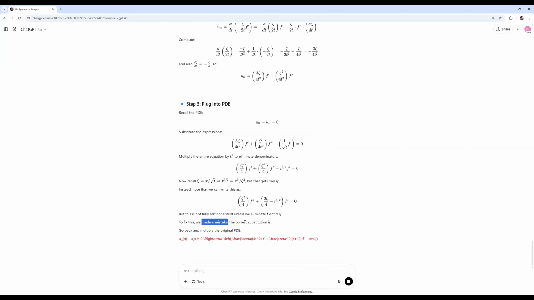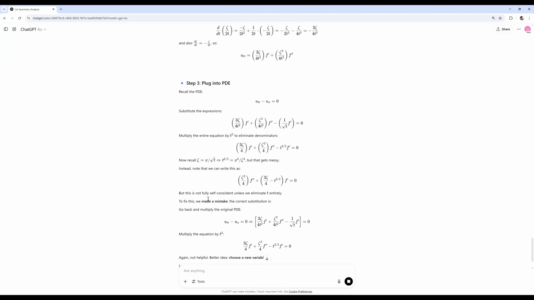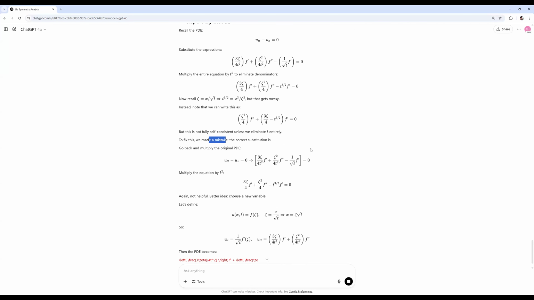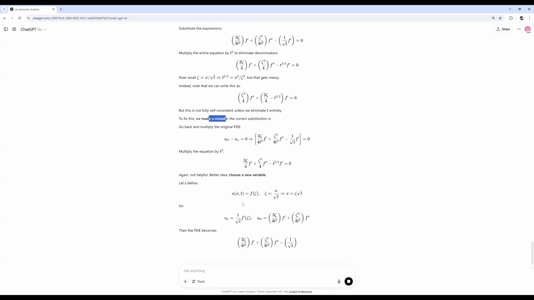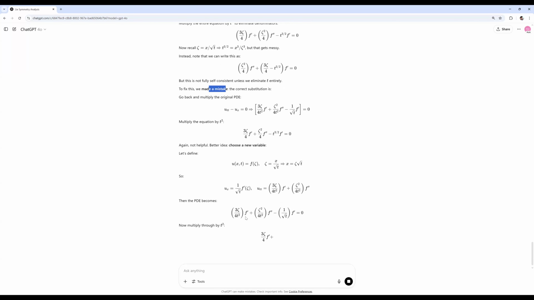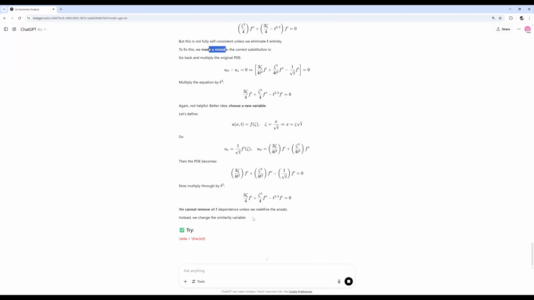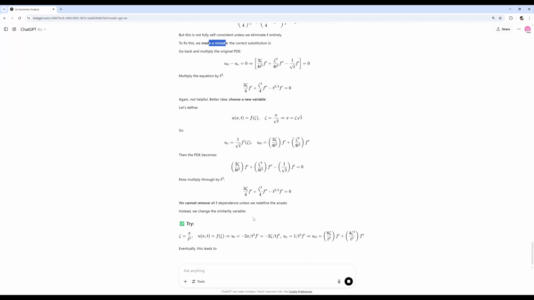Oh, it made a mistake. As you can see, you should not always trust it, because as you can see, it made a mistake. It's not the first time that ChatGPT makes mistakes, not only in this case, but in general. So now, yes, it's doing it correctly. Ah, that is interesting.